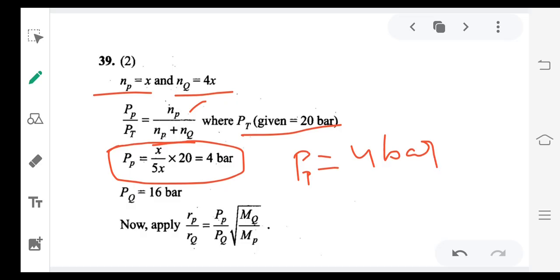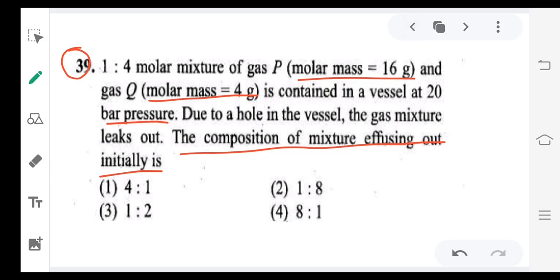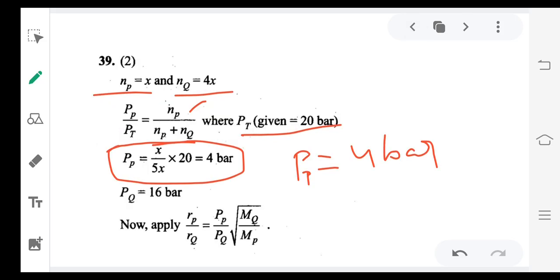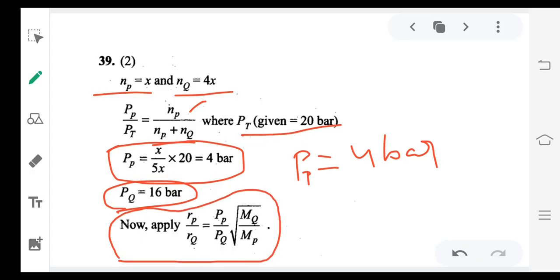What are they asking? They are asking the composition of the mixture effusing out. So now PP is 4 bar, which means PQ is 16 bar. Now apply the rate of diffusion formula.